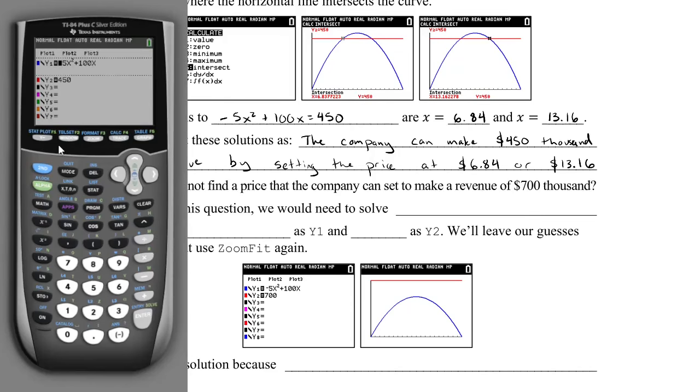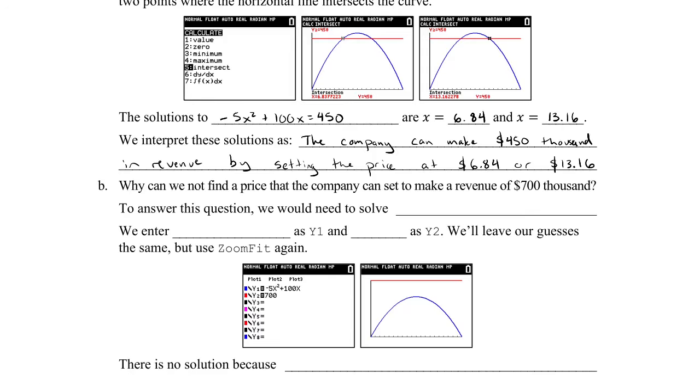Instead of 450, we're going to try to solve negative 5x squared plus 100x equals 700. And so we'll enter negative 5x squared plus 100x for y1 and 700 for y2.